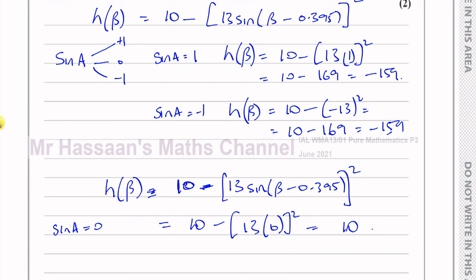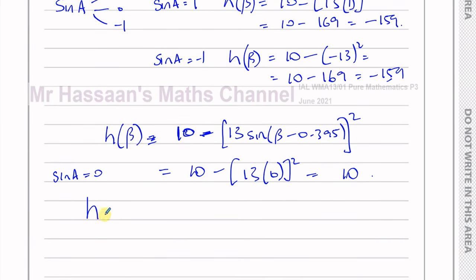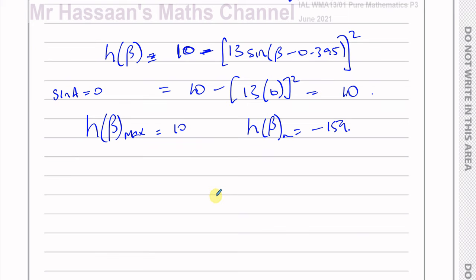So we can see that the maximum value of this function is equal to 10, and the minimum value of this function, as we saw here, is equal to negative 159. So it ranges between these two values. So we can say the function h of beta ranges between the values of negative 159 and 10.